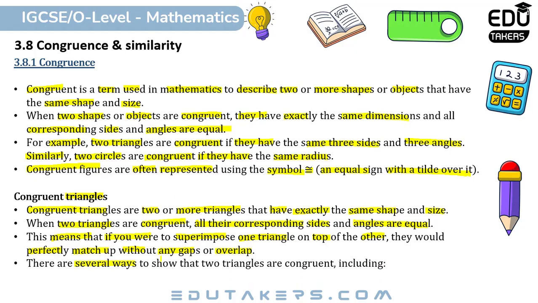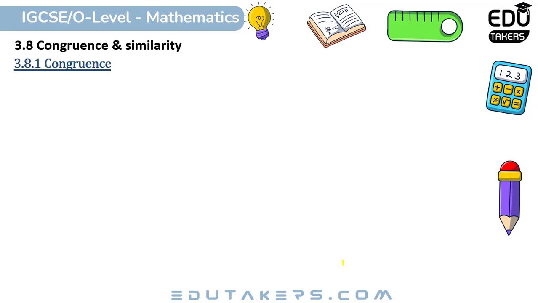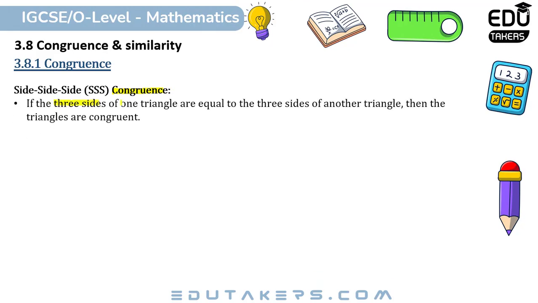There are several ways to show that two triangles are congruent, including side-side-side congruence. If the three sides of one triangle are equal to the three sides of another triangle, then the triangles are congruent, like this.